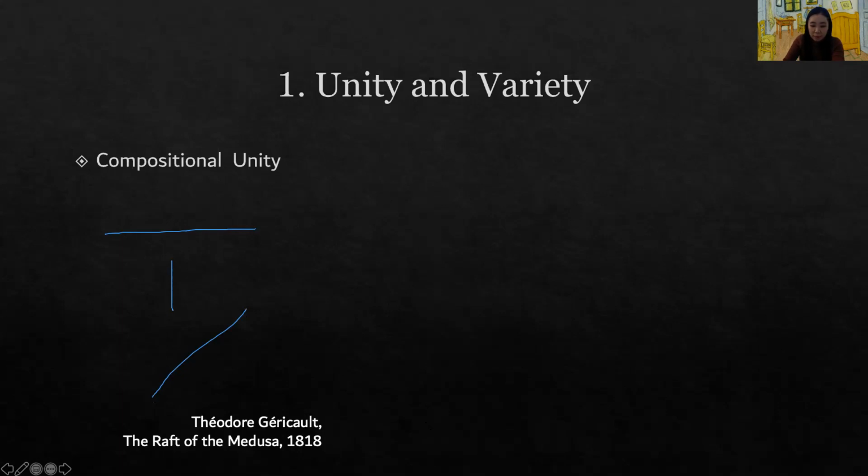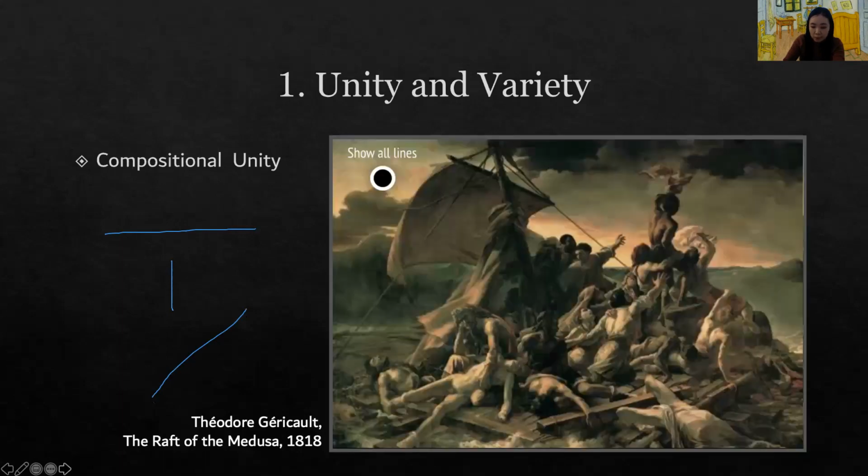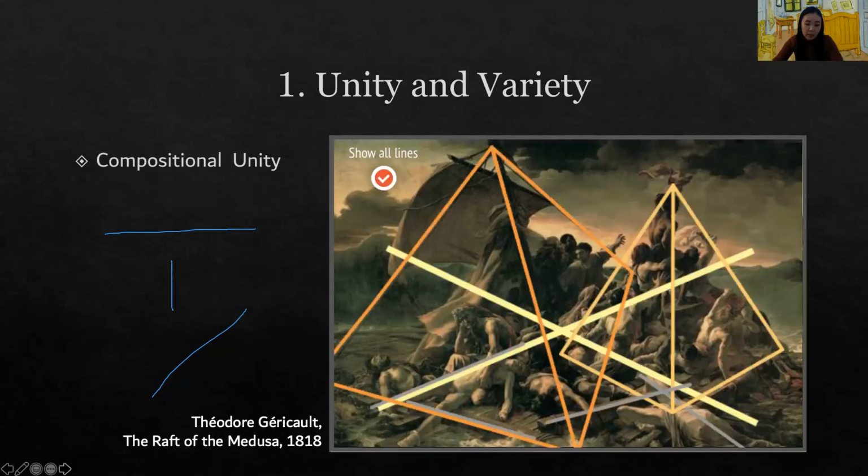So let me show you an example, a work of art. Which line did the artist use to create the compositional unity in this work of art? Diagonal. Diagonal. Very good. Like this, lots of diagonal lines.